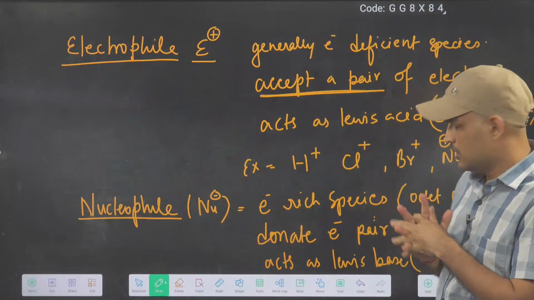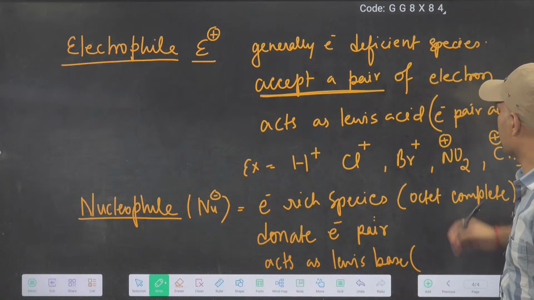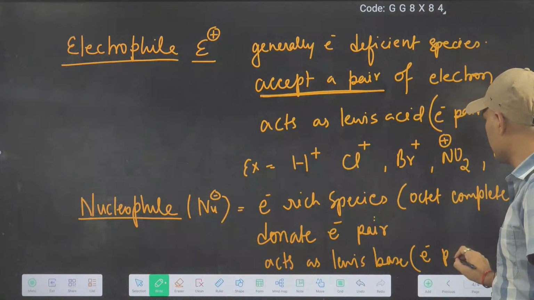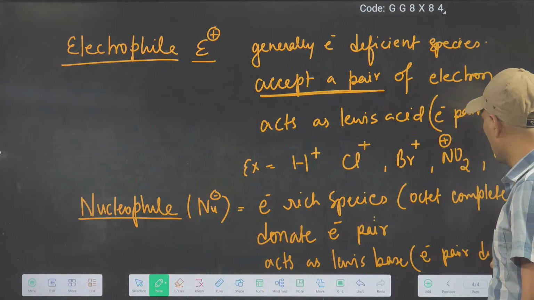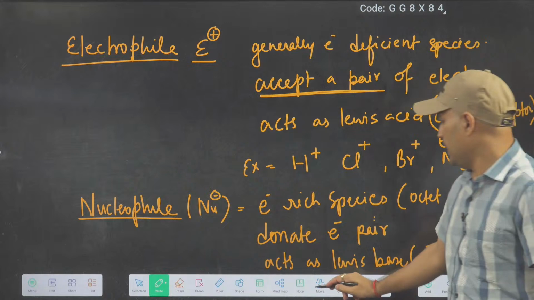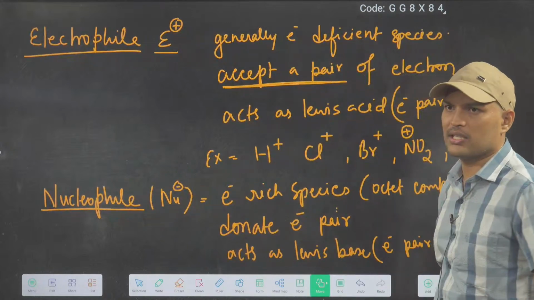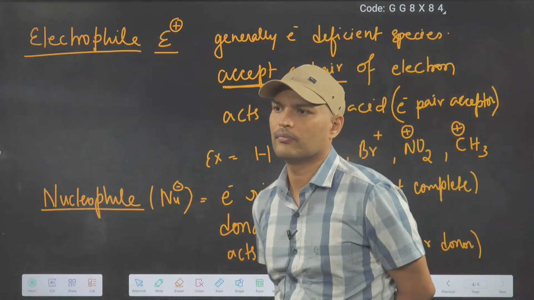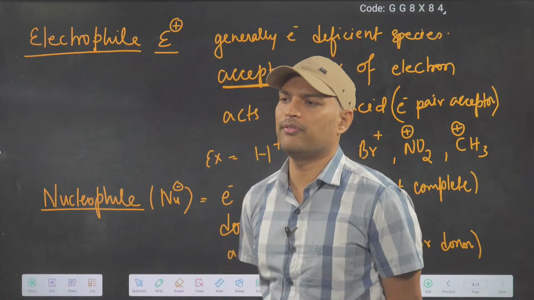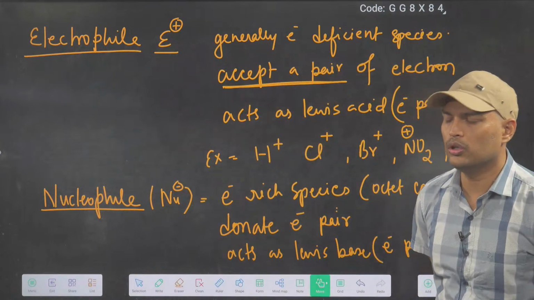Okay? What is a Lewis base? You said Lewis acid is electron pair acceptor, so a Lewis base is an electron pair donor. Are these two definitions clear to everyone? Everyone can tell what is an electrophile and what is a nucleophile.